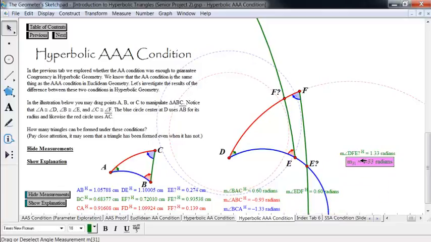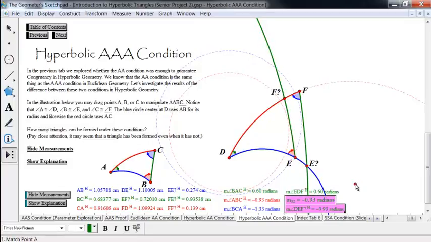Okay, so this one at E corresponds to B. So this is ABC. So D, E, F. That angle is the same. And this one is going to be, we're going to make that red.